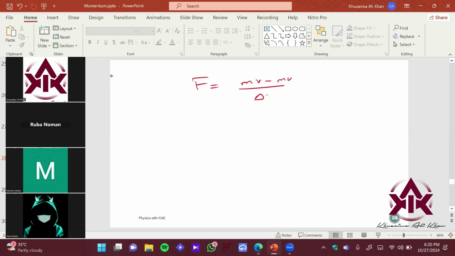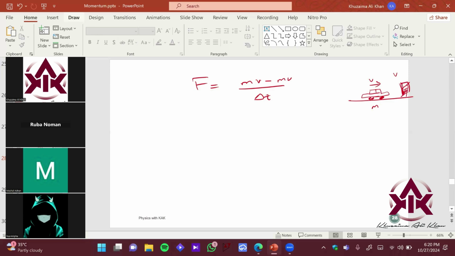So we are at this position right now, that F equals mv minus mu divided by delta t, right? Imagine there is a wall over here, and a car is moving. It has a certain initial velocity u and a mass m. It hits the wall and has some final velocity, and the mass is the same.